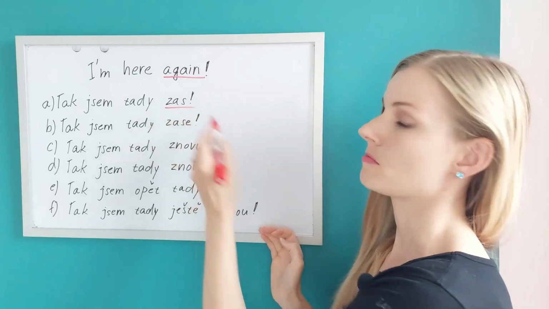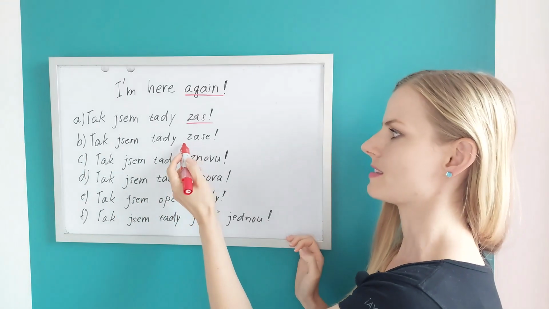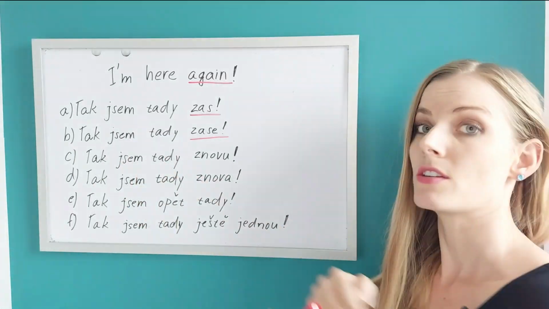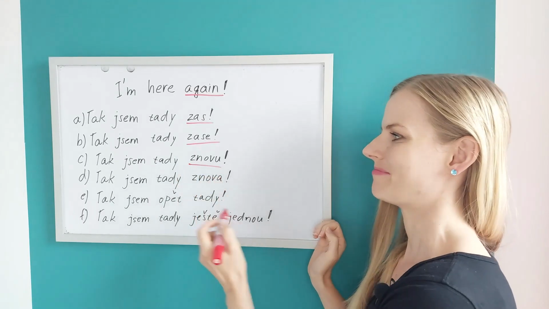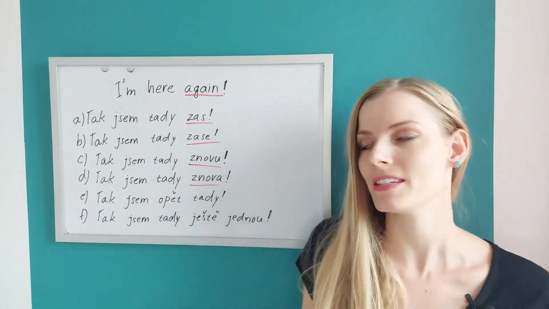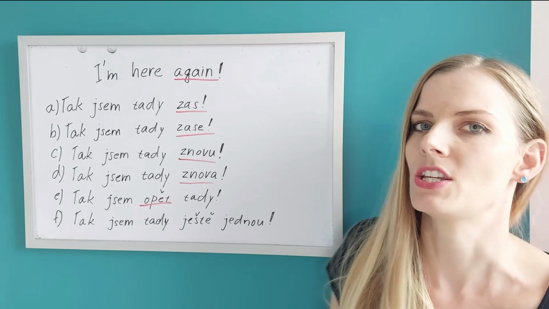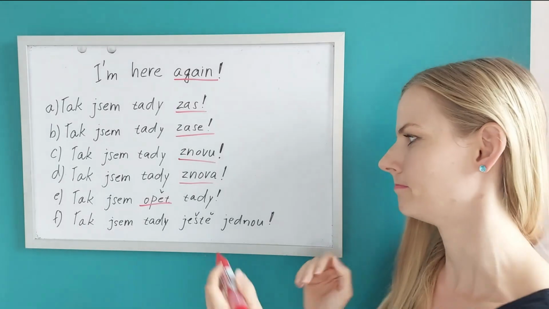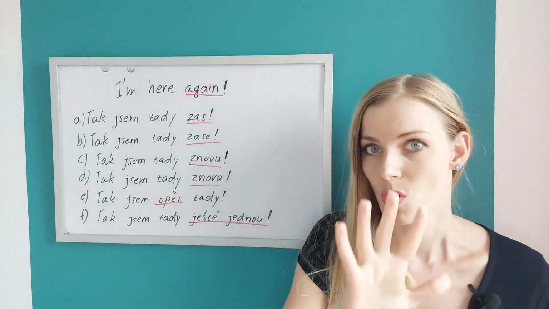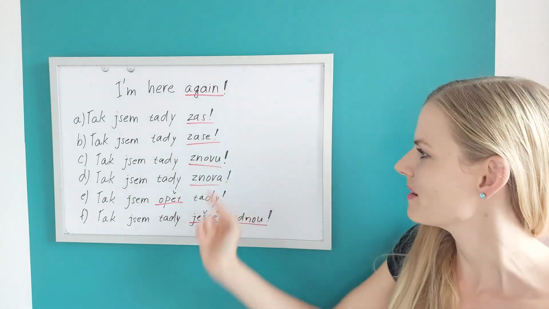Tak jsem tady zase. Zase also means again. Tak jsem tady znovu. Tak jsem tady znova. Tak jsem opět tady. Tak jsem tady ještě jednou. You probably have a lot of questions now popping in your head. Hold that thought. I will explain everything.